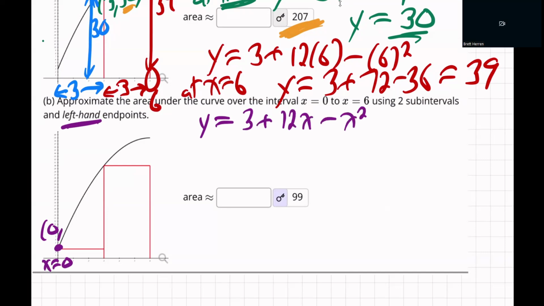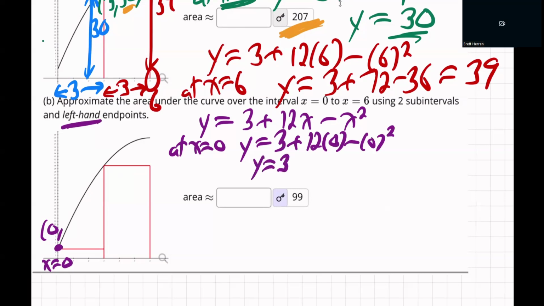Plug in x equals 0. It's 12 times 0 minus 0 squared, so y is just going to be 3. This is the point over 0, up 3. It goes over to 3, so the width is 3 and the height is 3. That's a 3 by 3. That's 9.